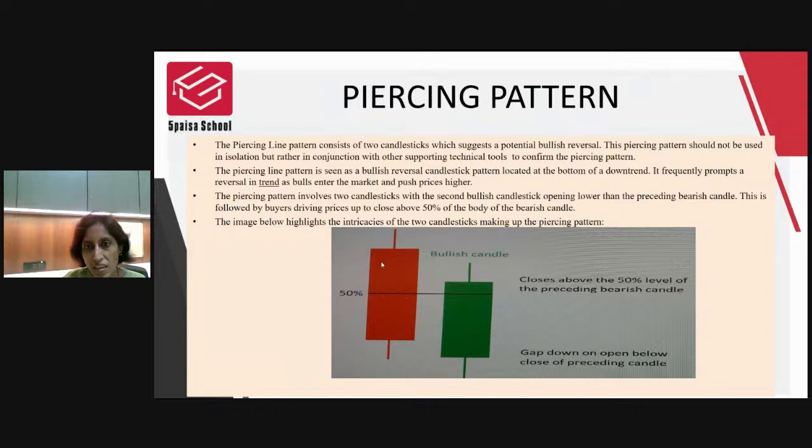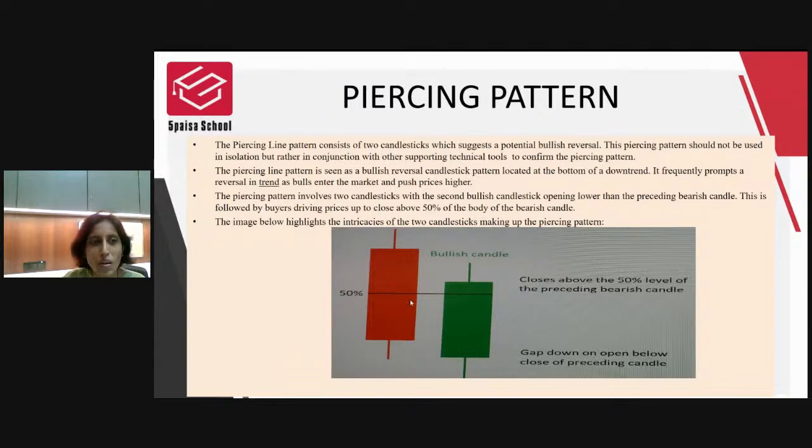Because the previous candle, that is the first candle, is representing a bearish sentiment because it is having a red real body, and the candle next to it, that is the following day's candle or the following time period's candle, has a green real body, indicating a bullish sentiment. So this piercing pattern should not be used in isolation, but rather in conjunction with other supporting technical tools to confirm the piercing pattern.